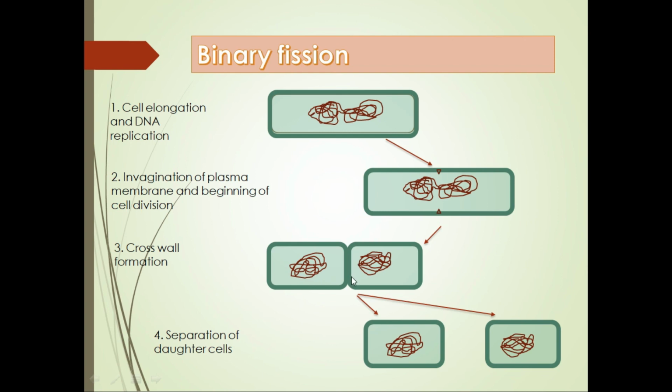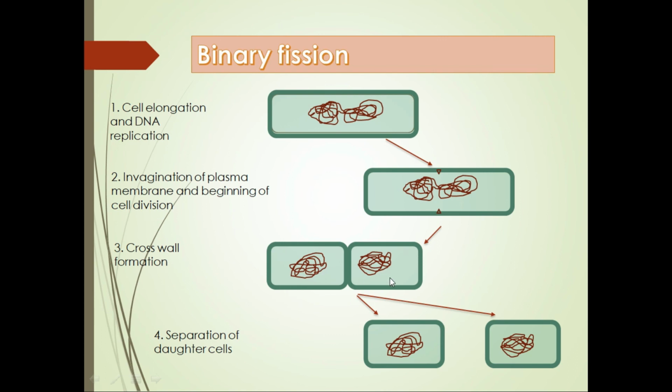This cross wall is formed in the middle of the cell in the transverse plane, and these two chambers are not separated yet, but the cell content gets divided equally between two chambers, two developing daughter cells. The chromosome which has replicated to two now gets their own cells.